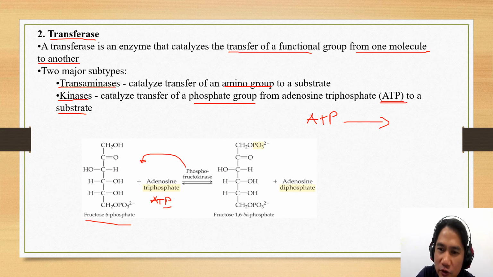Notice the product becomes fructose 1,6-bisphosphate. There are now two phosphate groups, on carbon number 1 and carbon number 6. Notice what happens to the ATP. It now has only two phosphates, so you call that adenosine diphosphate, or simply ADP.